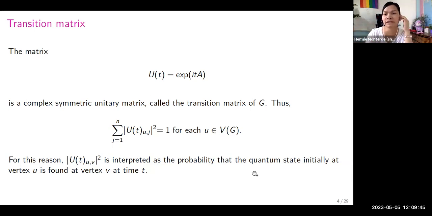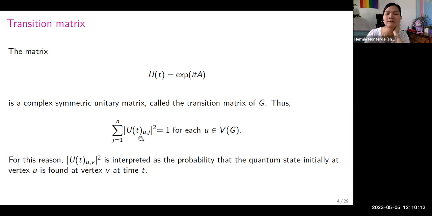So if I take, for instance, the inner product of the u-th column with itself, I get this, using the complex inner product here. This happens for every column u, but since this matrix is symmetric, it happens for any row u as well. So it doesn't matter whether you look at rows or columns.